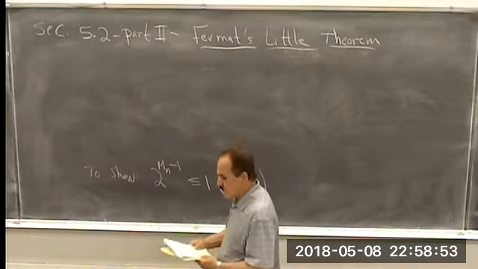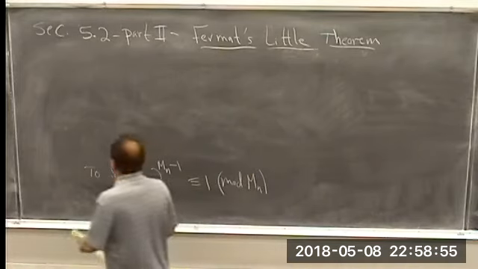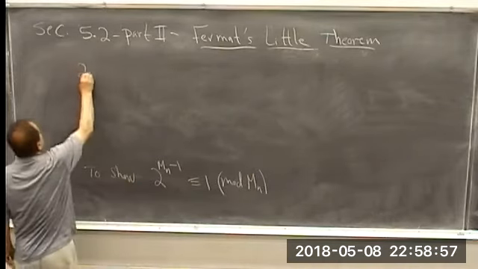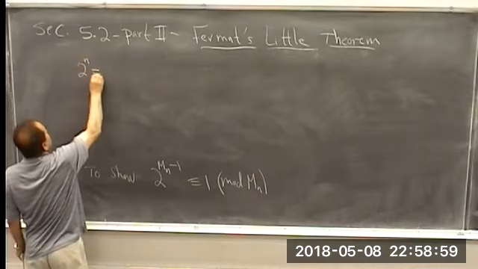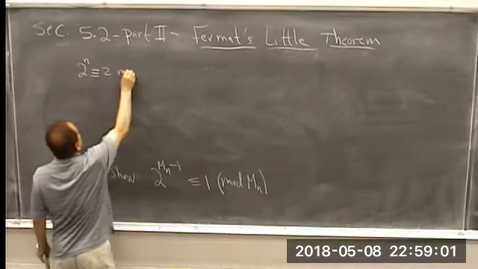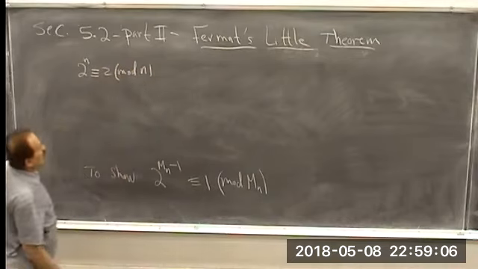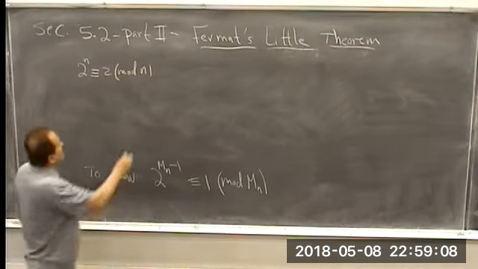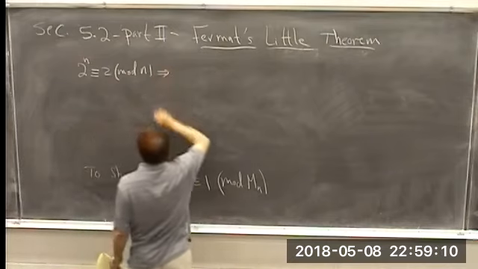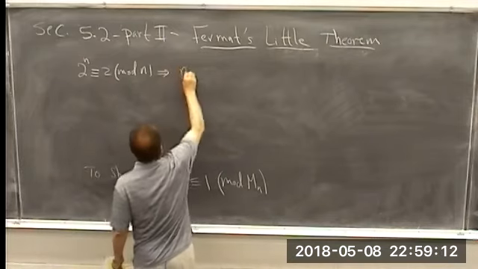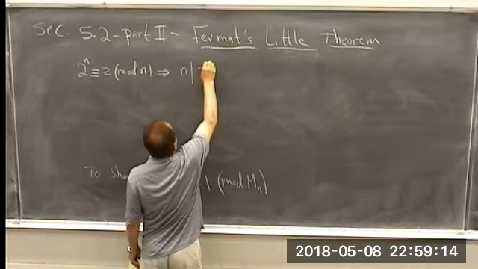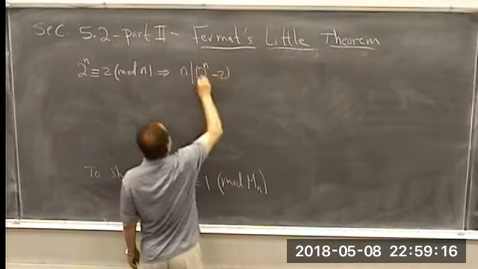All right, first of all, to start with, we have 2 to the n. This is congruent to 2 mod n, because n is a pseudoprime to base 2. And this implies that n divides 2 to the n minus 2.